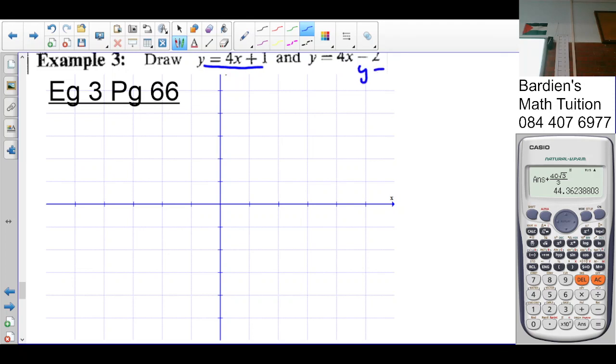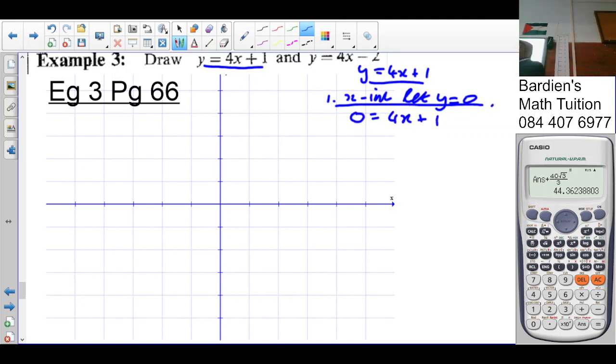So for y is equal to 4x plus 1, we worked out our x-intercept. What's our x-intercept? We let y equal to 0. So 0 is equal to 4x plus 1. We take that over the equal sign, so negative 4x is equal to 1. Divide by negative 4 on both sides. So x is equal to negative a quarter.